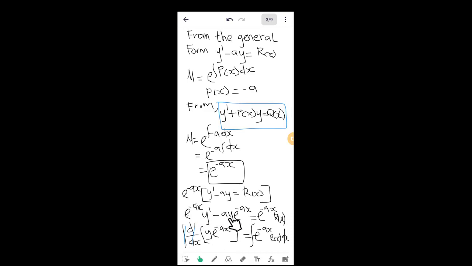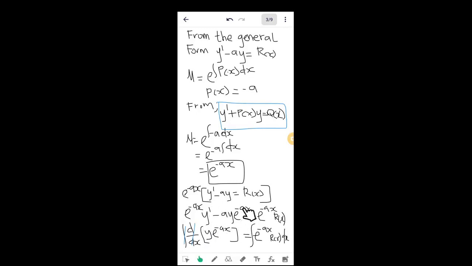So I can clearly see that when I keep y constant and differentiate e to the power minus ax, I get minus a e to the power minus ax. And when I keep e to the power minus ax constant and differentiate y, because it is a function of x, I get e to the power minus ax, then we attach dy/dx to this, that's the y prime.